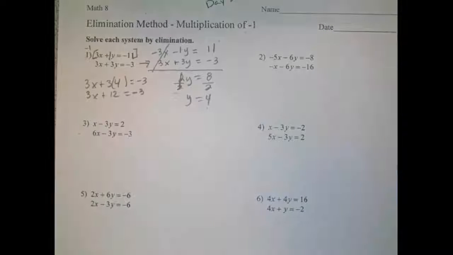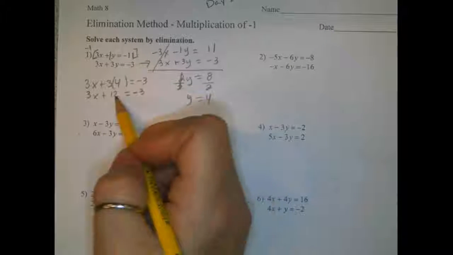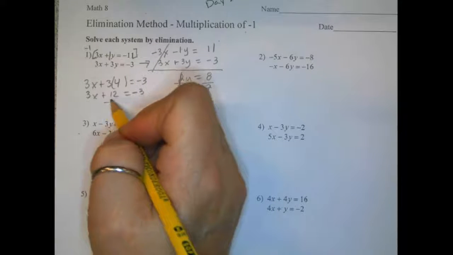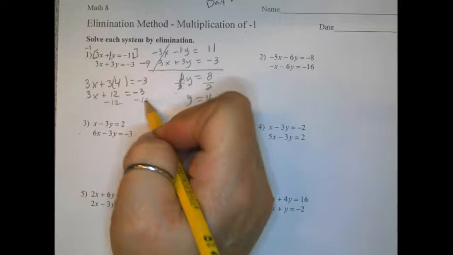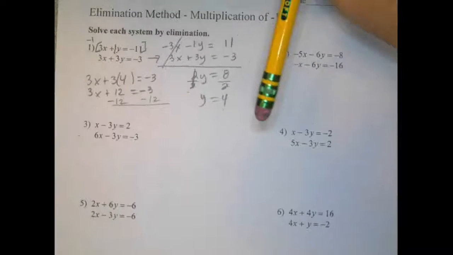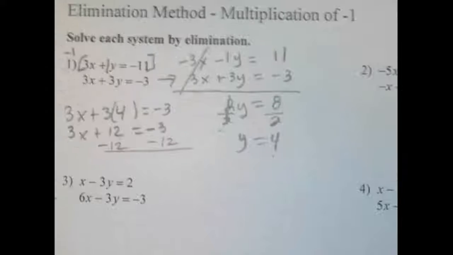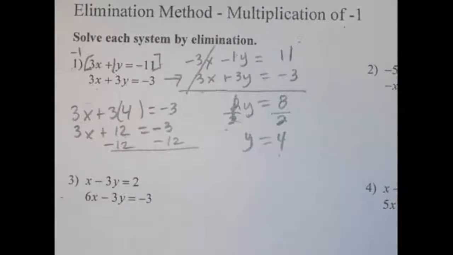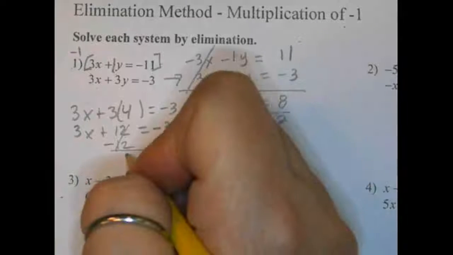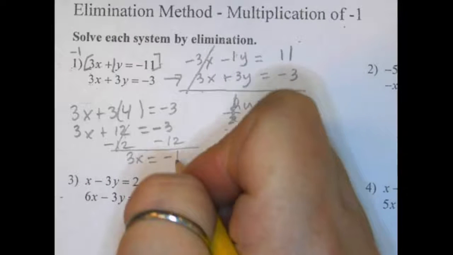So far, so good? Now I want to move it, right? How do I move it? I'm going to add the opposite, or subtract 12 from both sides. So this becomes 0. It leaves me with 3x is equal to negative 15.